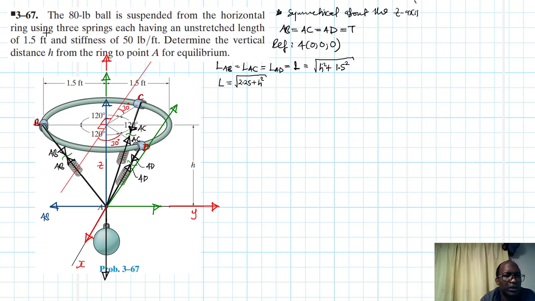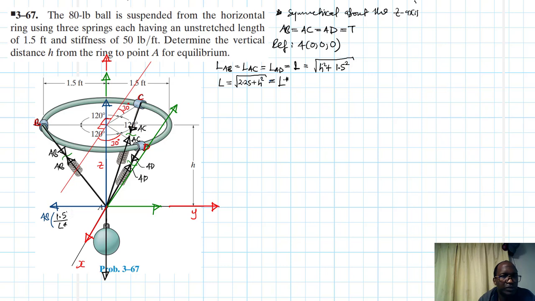So let's label this. AB is just going to be equal to, so that I don't write the whole lot of this too much, let me just call it L star. So this is equal to the length along the y there, which is 1.5 divided by the length, which is L star.